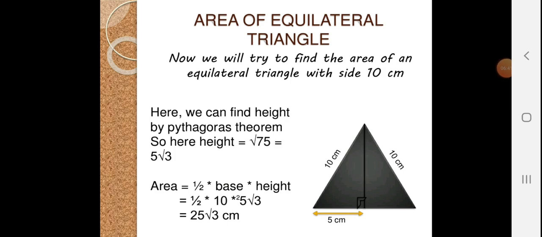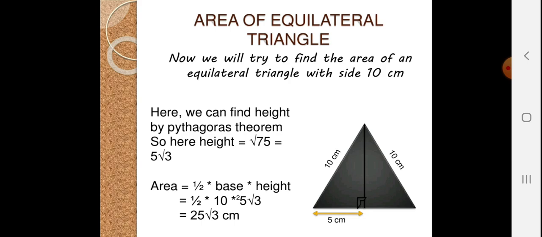When you apply the Pythagoras theorem, you will find that the height is under root 75. Under root 75 means 25 threes are 75. The square root of 25 becomes 5 and root 3 stays as it is. So, by applying the Pythagoras theorem, you find the height of this triangle as 5 under root 3.